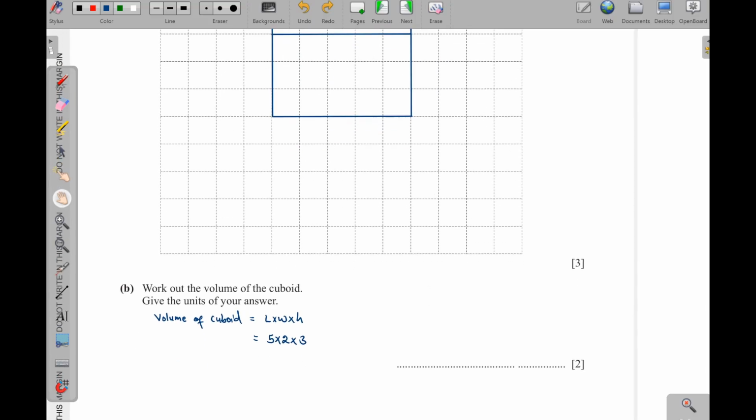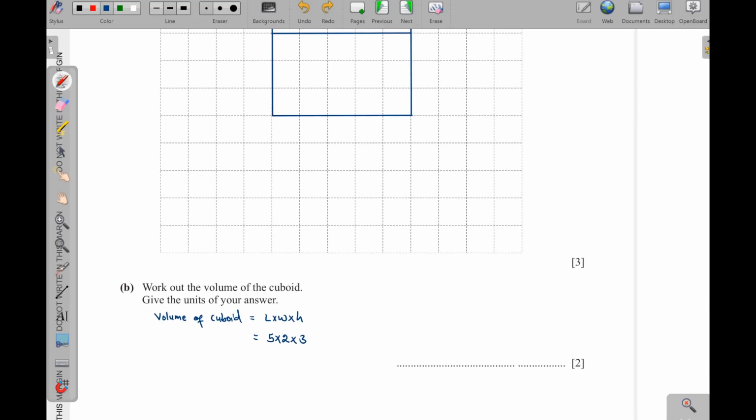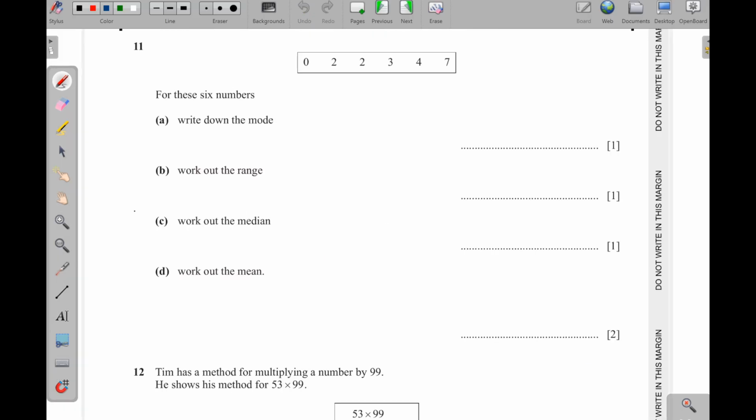Okay, so if we get that 30 and we write it here, then the units, you are having a centimeter times a centimeter times a centimeter, which gives us centimeters cubed. Okay, that is that. Question 11, 0, 2, 2, 3, 4, 7 is a list of 6 numbers.